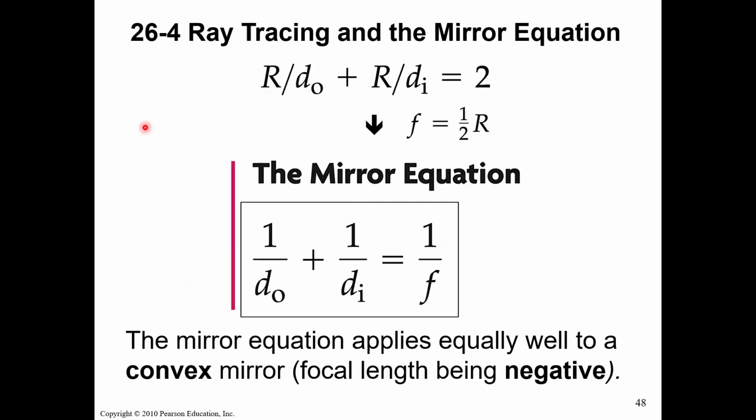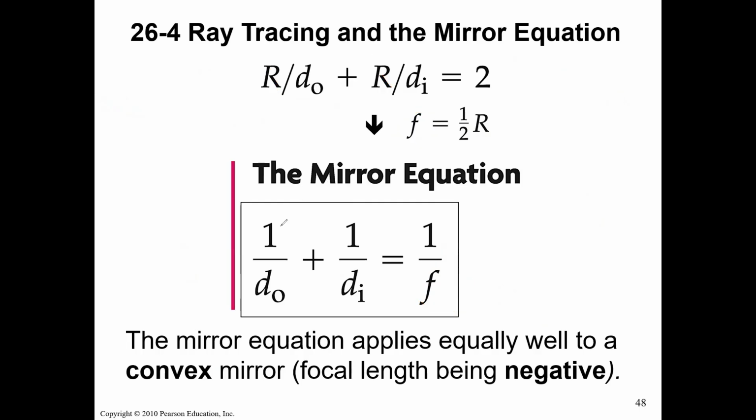And one more step to make it more general is that we notice that we can divide both sides by R. So on the right hand side, we have 2 over R, or in other words, 1 over half R. And we notice that half R is just the focal length. So this is just 1 over F. So we arrive at this mirror equation.